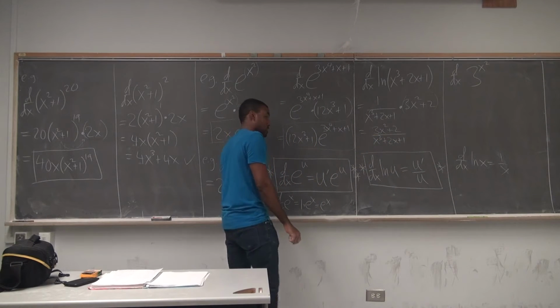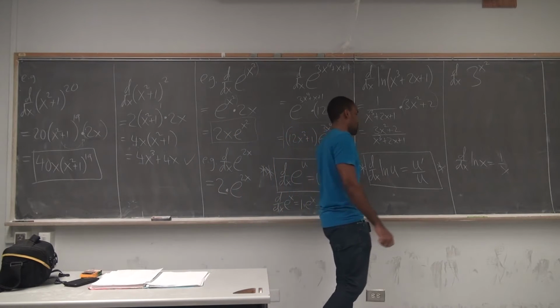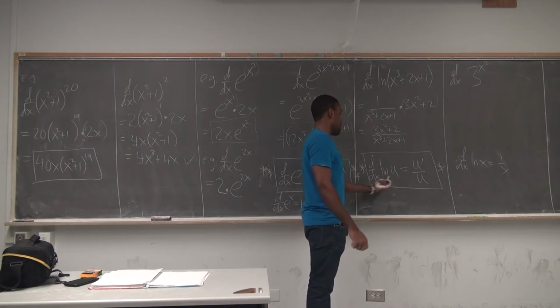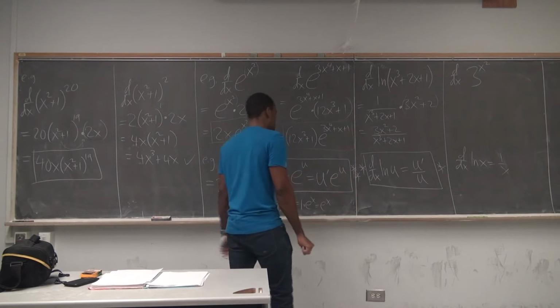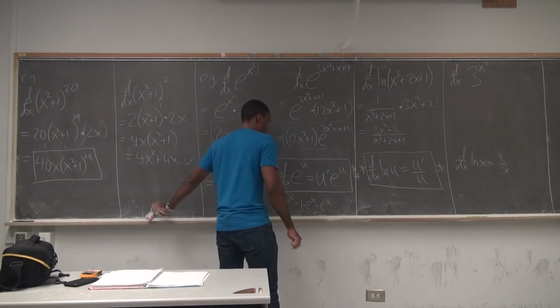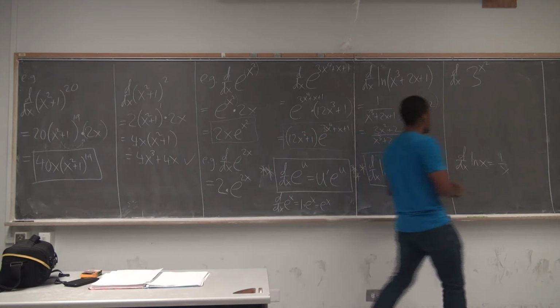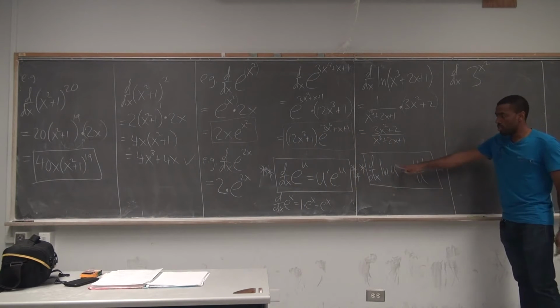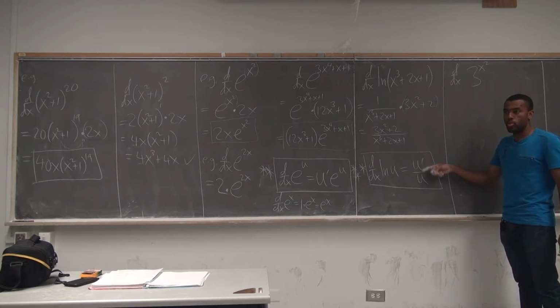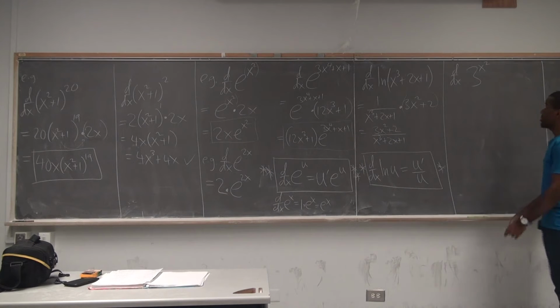That's the chain rule version of the log derivative formula. To differentiate the log of something, it's the derivative of the thing over the thing itself. And again, this would work even if it's just an x. The derivative of x would be 1, you still get back your 1 over x.